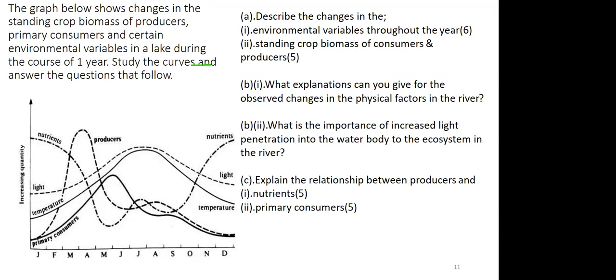And we see the population continues decreasing up to August for the primary consumers. So in other words, like some of you have said, it's a direct relationship. When the population of the producers decreases, the population of the consumers also starts decreasing. When the population of the producers starts rising, then that of the consumers shortly afterwards also starts increasing.